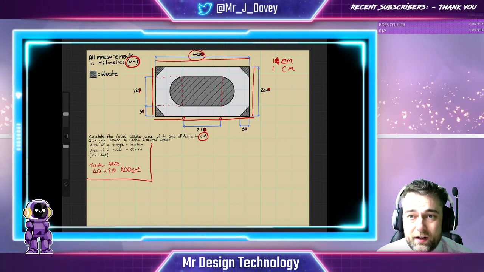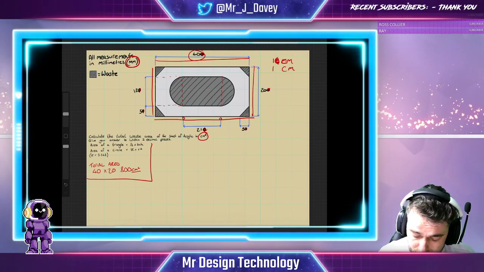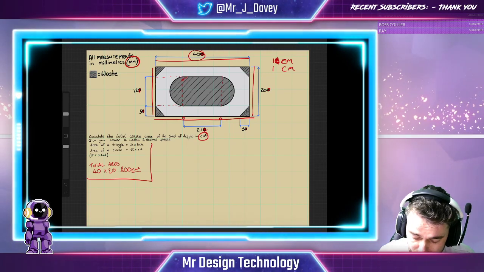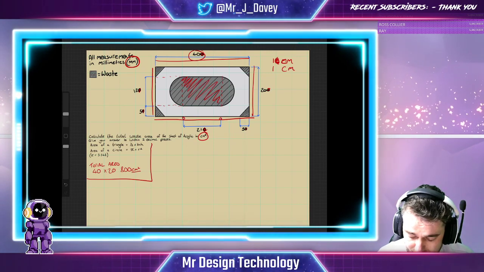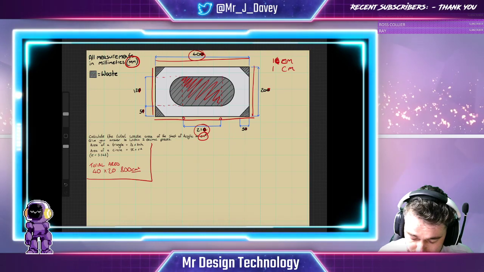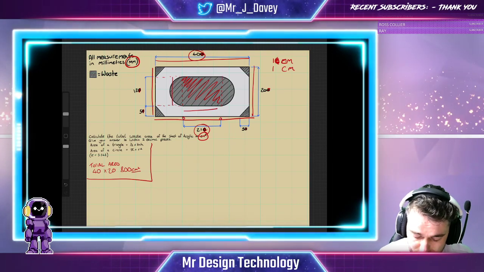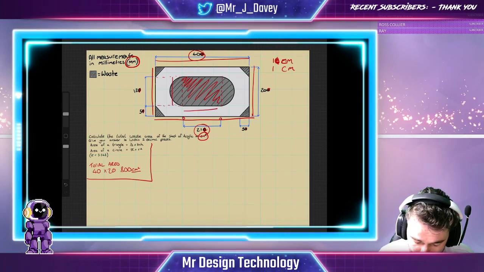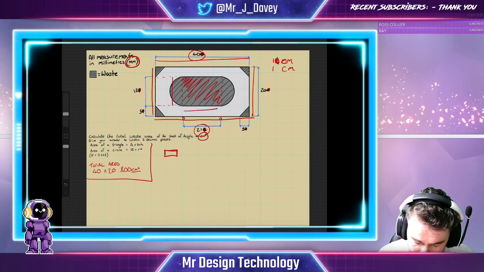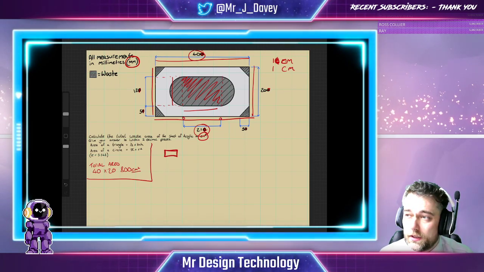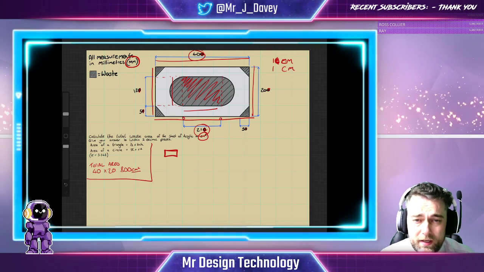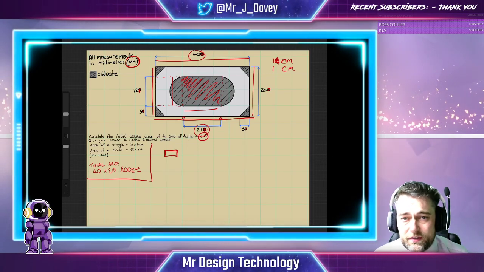Now we actually need to work out the waste area. So I'm going to keep things simple and continue to work out this rectangle in this space here, which again will be base, this bit, times the height, which is this bit. So I'm going to put a little picture of a rectangle there because I like to draw things and I'm a bit of a designer, and it'll help me remember when I'm going back to add all these together at the end.